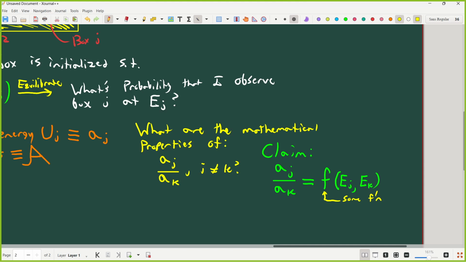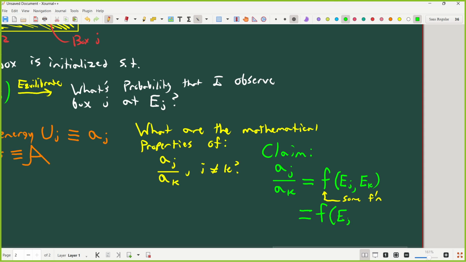It only depends on the end and the initial point. So that means that this function really isn't dependent on each of these independently, with Ej and Ek appearing in different parts of the function, but rather it's only dependent on the difference of the two, the relative energy. So we can simplify this a little bit and say that the function that determines these probabilities must be a function of the difference of the energies.